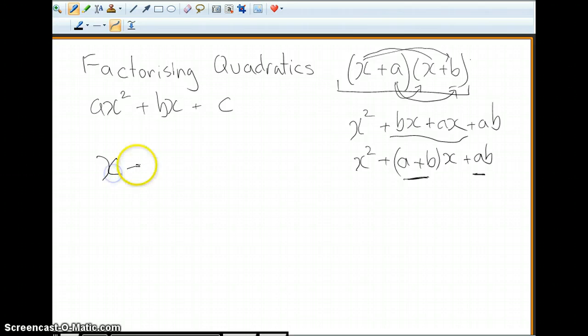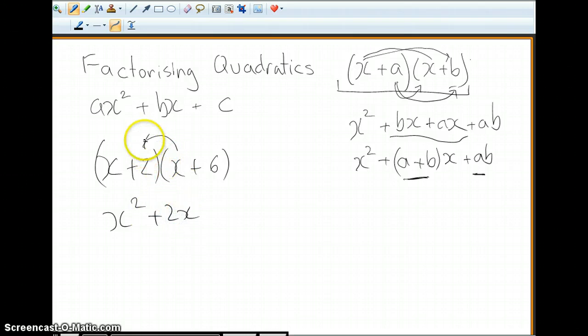Okay, expanding x plus 2 multiplied by x plus 6. Do it quickly. x squared plus 2x plus 6x plus 12.